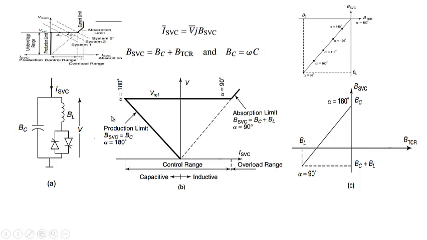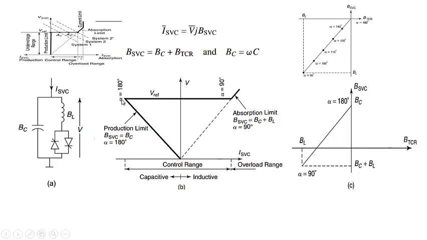But here the VI characteristic for this BC will be in the second quadrant, because we are assuming that the current drawn by the BC will be negative of the current drawn by the BL. That's why it is drawn in the second quadrant. It will draw the current which is negative of the current drawn by the TCR. So from this point to this point, if voltage increases from 0 to this, the current increases from this point to this point for this BC, and at this point the value of the voltage will be the reference voltage.